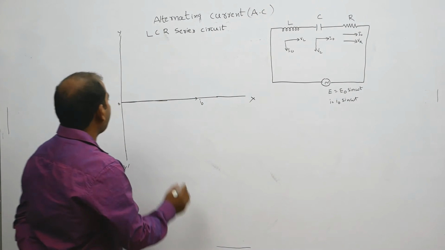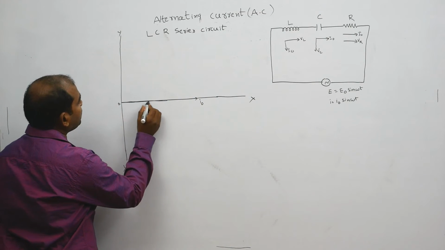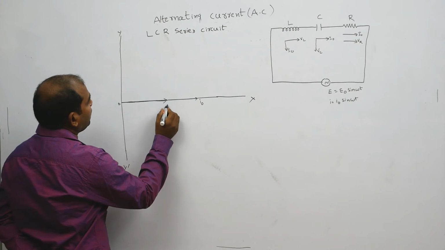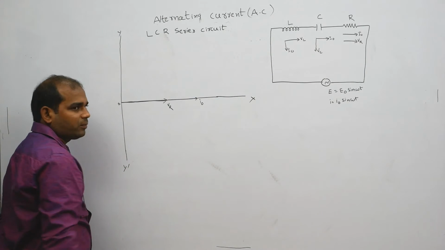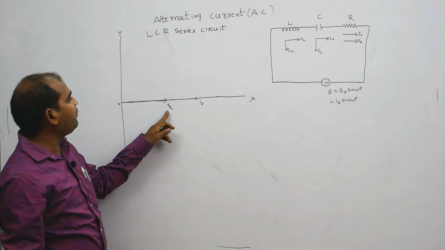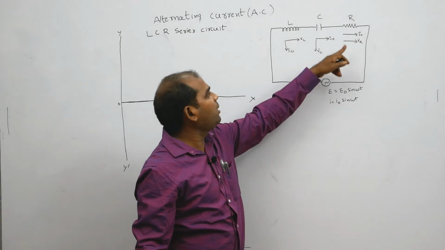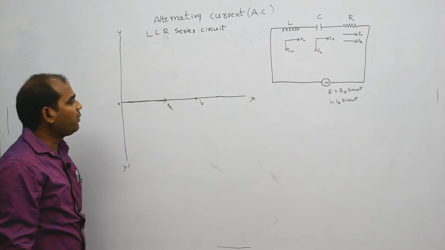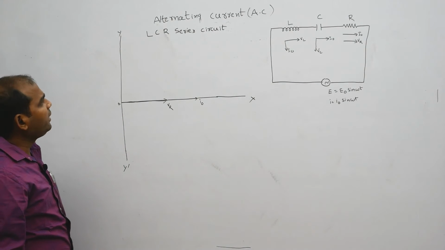So I am repeating once again, the I naught and VR phasors are in the same direction. Let us see the inductor circuit.